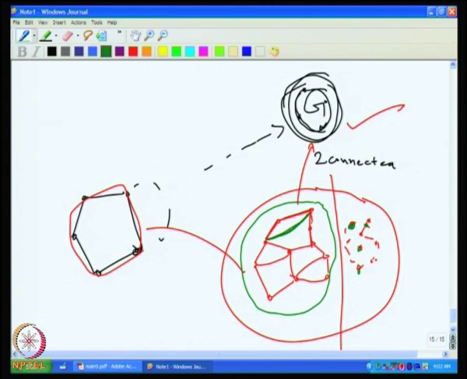So, let us say here is a vertex outside G, and here is a vertex outside G, and this G is definitely 2 connected, so there should be a path from here to here, right. There should be a path from here.